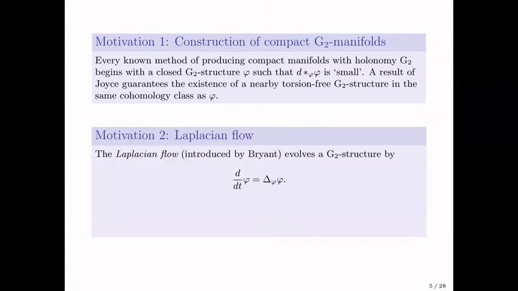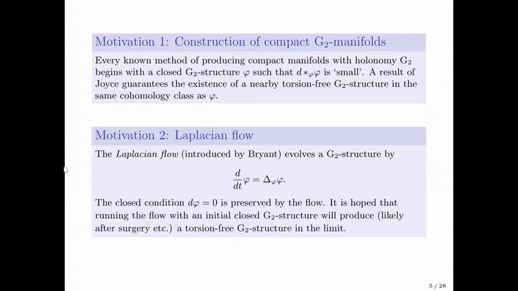The second motivation comes from a geometric flow that you can write down for G2 structures. The Laplacian flow evolves a G2 structure by this equation. The G2 structure should evolve in the direction of its Laplacian, where the Laplacian is taken with respect to the metric and orientation defined by the 3-form itself. Now, this closed condition is preserved by this flow, which is nice.